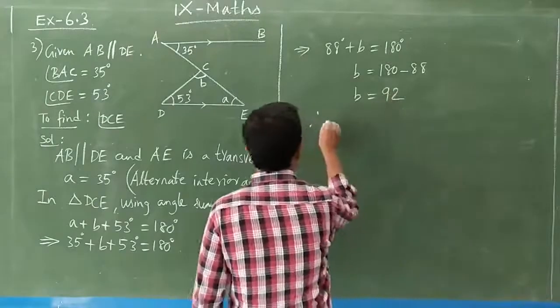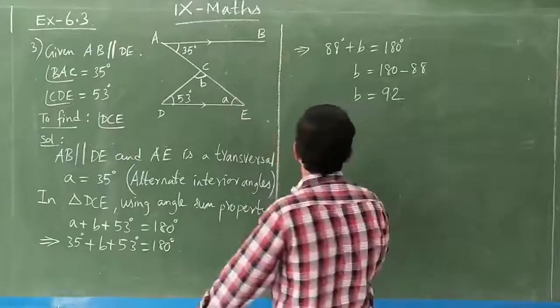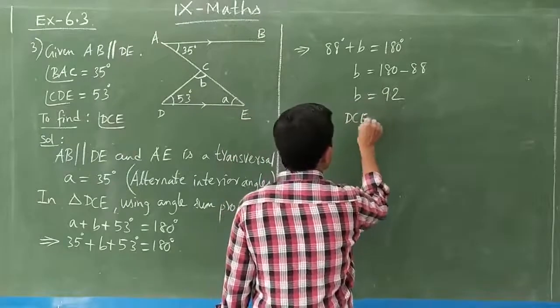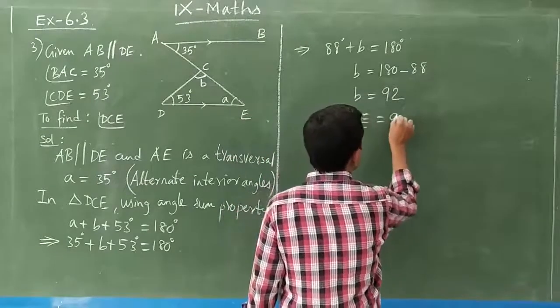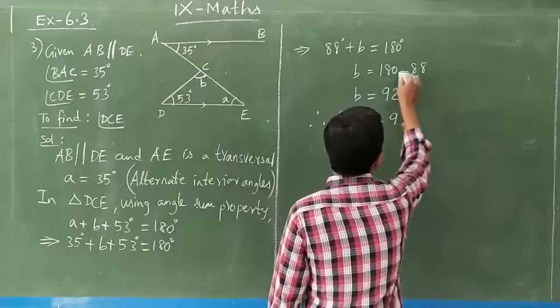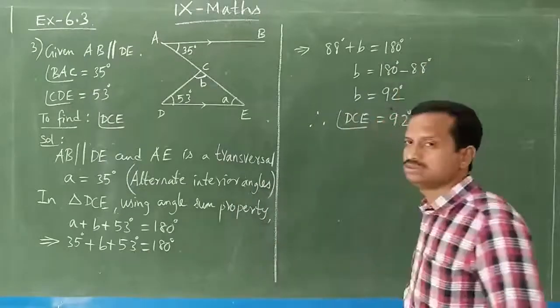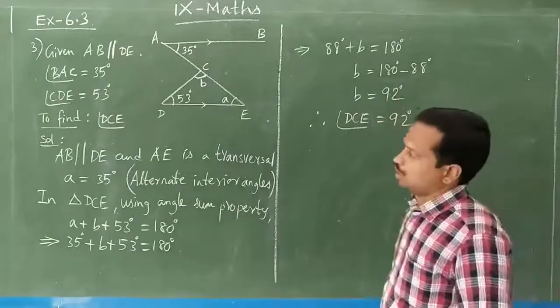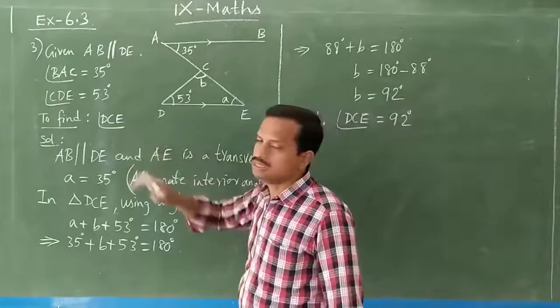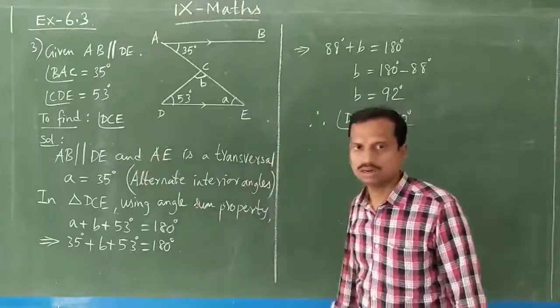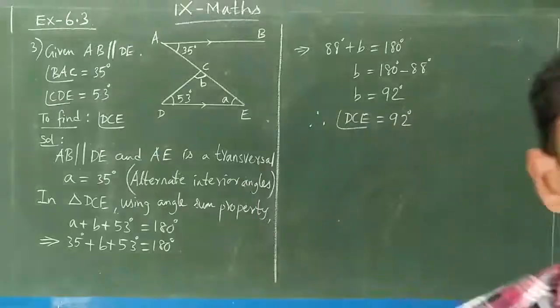So therefore what is B? DCE. And DCE is equal to 92 degree. Clear? So this is the way to find the measure of the angle DCE in this sum. Clear? And now go to the next sum.